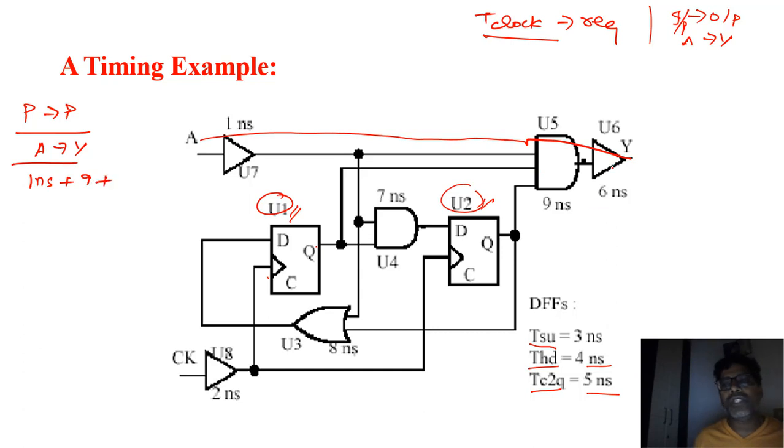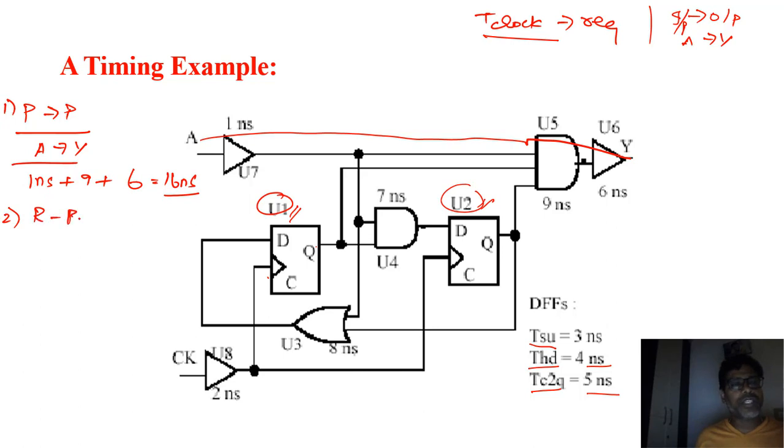Then U6 has 6 nanosecond. So totally it is 16 nanosecond. So pin to pin is 16 nanosecond. There is no other path from input pin to output pin. This is the pin to pin category.